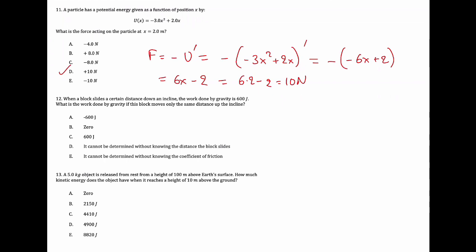We have done a similar question just before. Well, if the work done by gravity as the object is moving down the inclined plane is known, the work done by gravity as the object is moving the same distance up the incline will be the exact opposite, so minus 600 Newton. This is because the force is the same and the distance is the same.